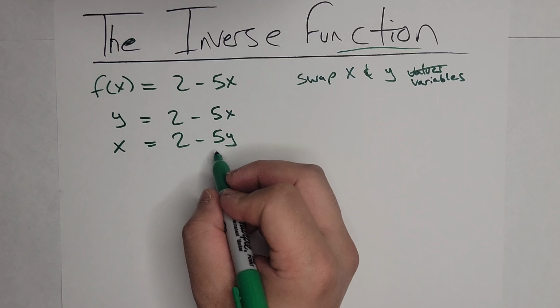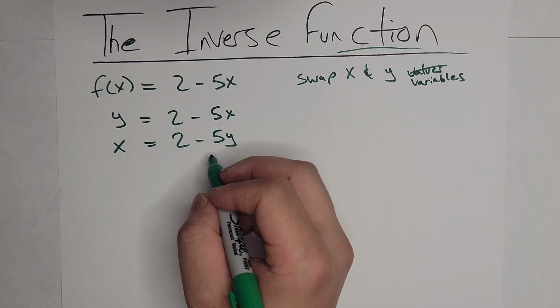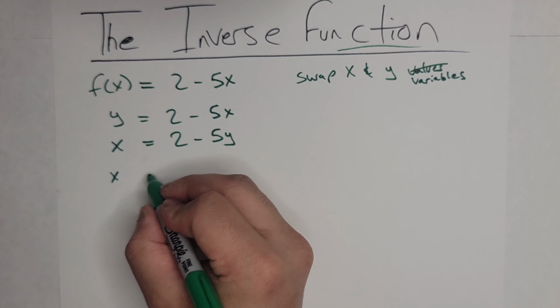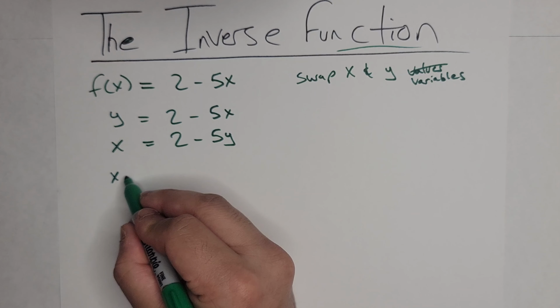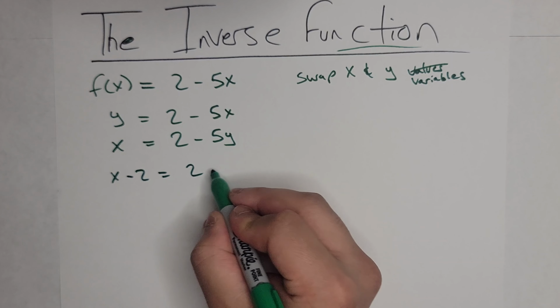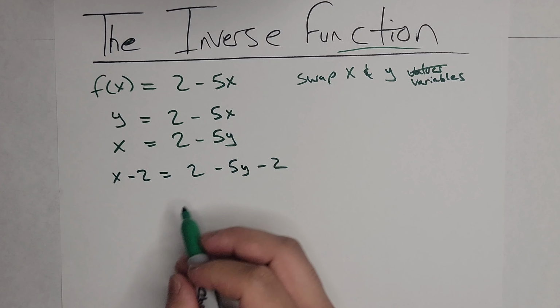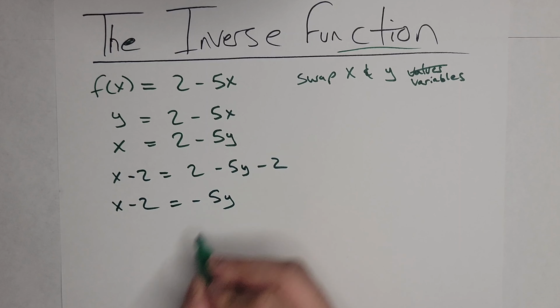One of the first things I'm going to do is subtract 2 from both sides. That'll give me x minus 2 equals negative 5y.